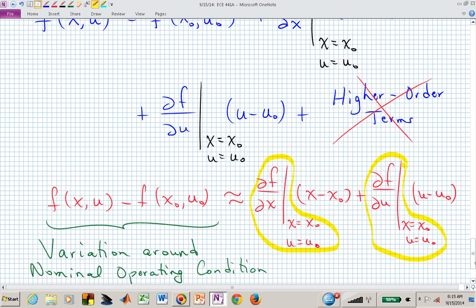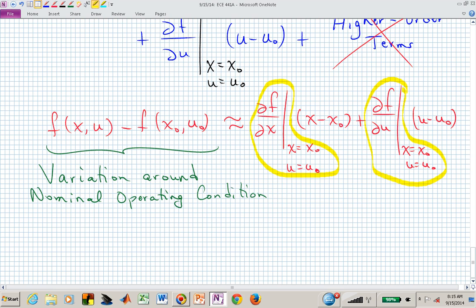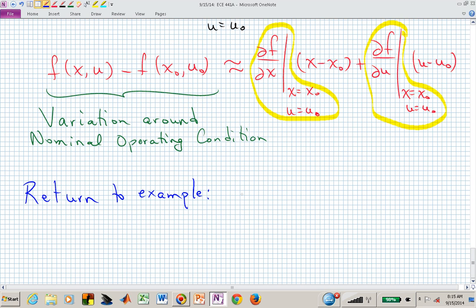So let's look at that in terms of our original example system. Our example said we had x prime is equal to 2x squared of t plus u of t.